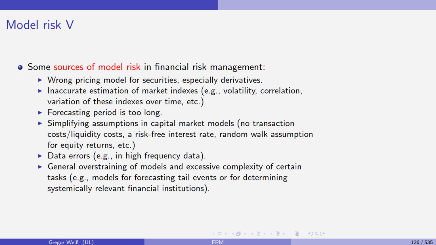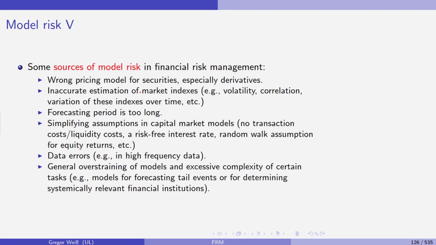So wrong pricing model for securities, especially derivatives, inaccurate estimation of market indexes and market figures, volatility, correlation, variation of these indexes, forecasting period is too long, simplifying assumptions, no transaction costs, liquidity costs, a risk-free interest rate, random walk assumption, some data errors, especially in high-frequency data. It's not so much a problem in low-frequency data, in daily data, but in high-frequency data, data errors might occur.